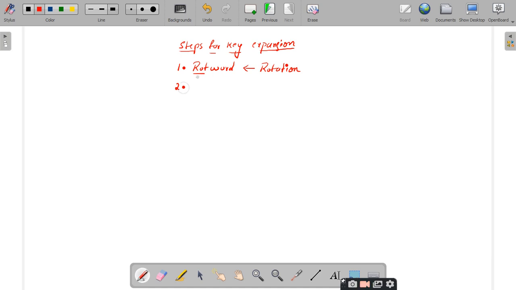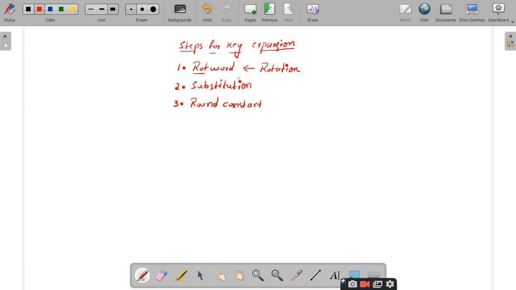And the second step, after rotation, you have to perform the substitution operation. And after performing the substitution, we need to perform the round constant, right? Round constant.